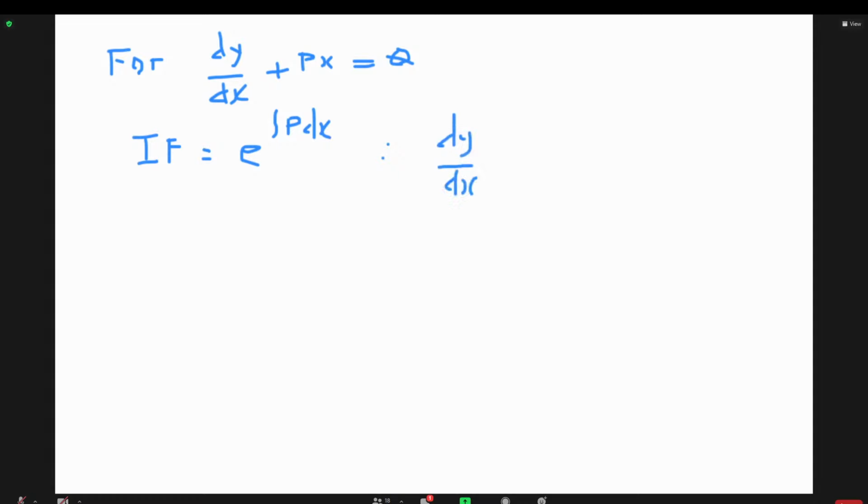Okay, so for dy/dx plus px equals q, right, where p and q are functions of x, the integrating factor equals e to the integral of p dx, and therefore dy/dx by y e to the integral of p dx is equal to q by e to the integral of p dx.